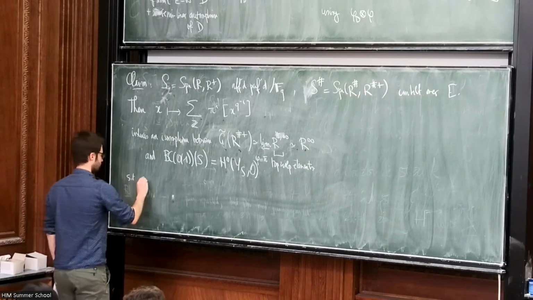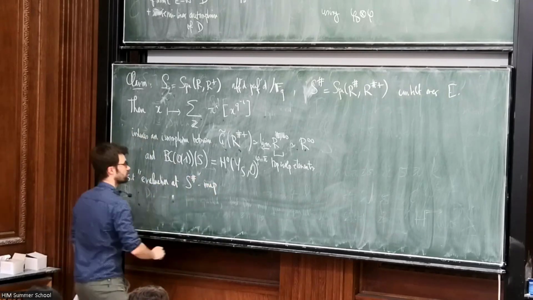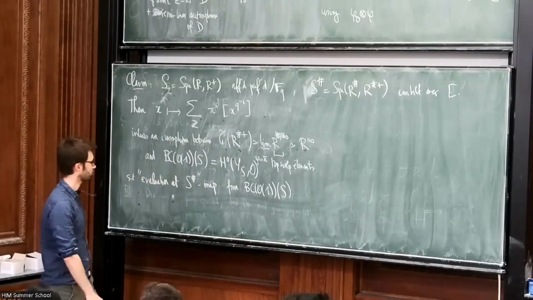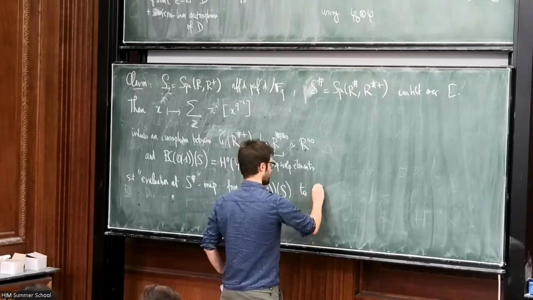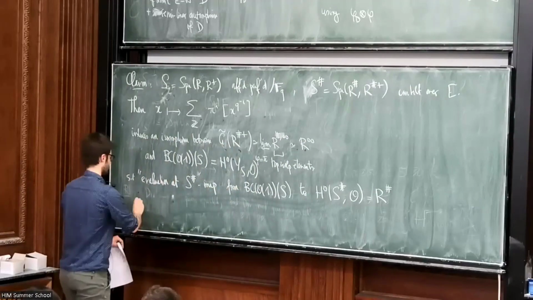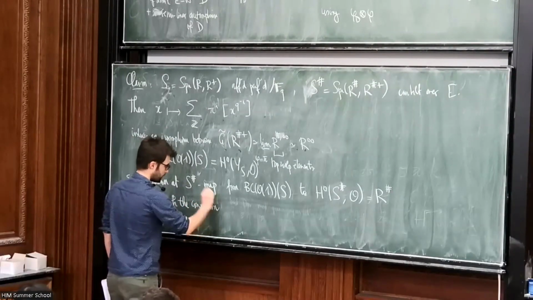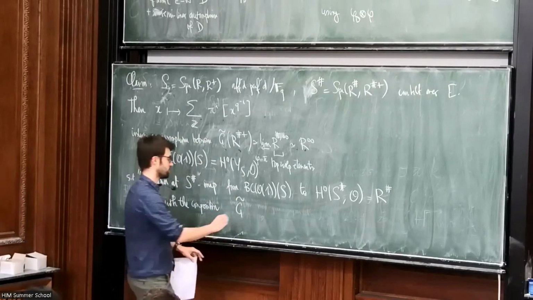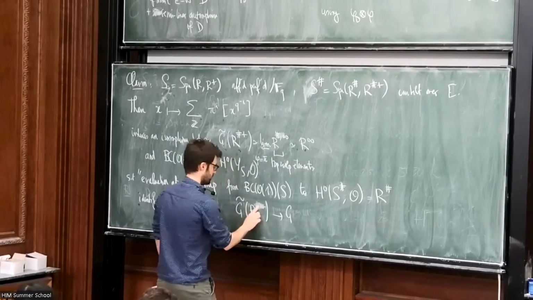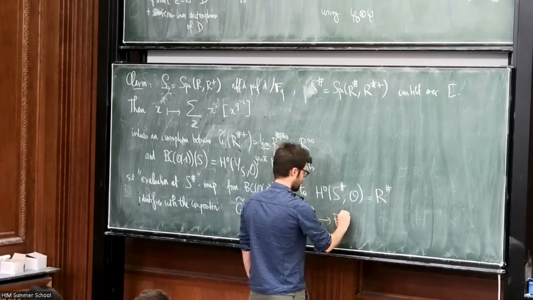Okay, so in such a way that the evaluation at S sharp map from BC of O(1) of S to just H^0 of the structure sheaf on S sharp, which is just R sharp, identifies with the composition from G tilde of R sharp plus to, maybe I should say, the generic fiber, going to R sharp.